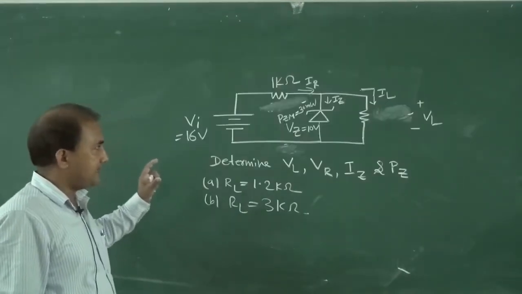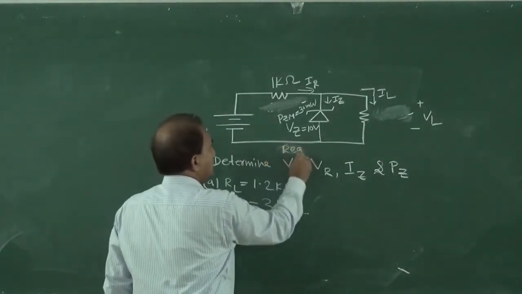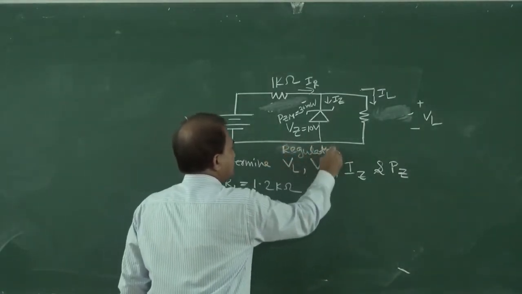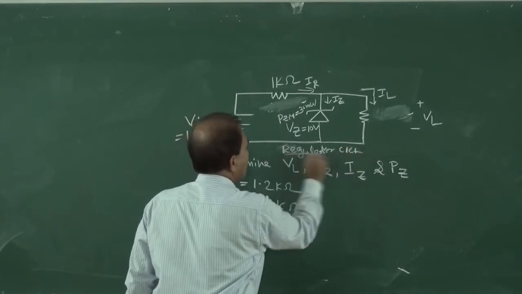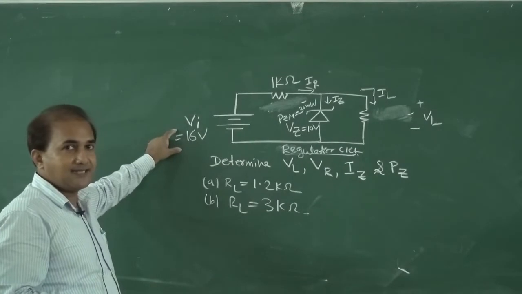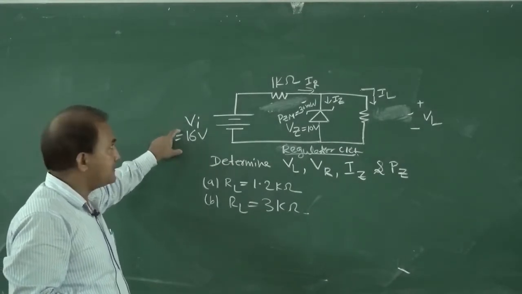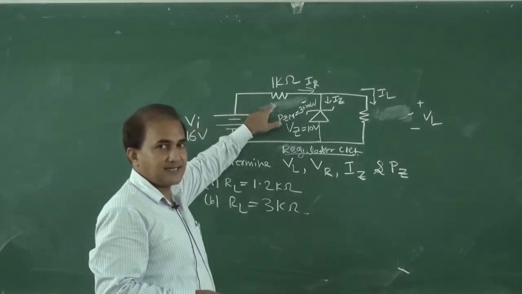This is the circuit diagram of a regulator circuit. Here Vi is 16 volt, unregulated DC voltage, and this is the series resistance.